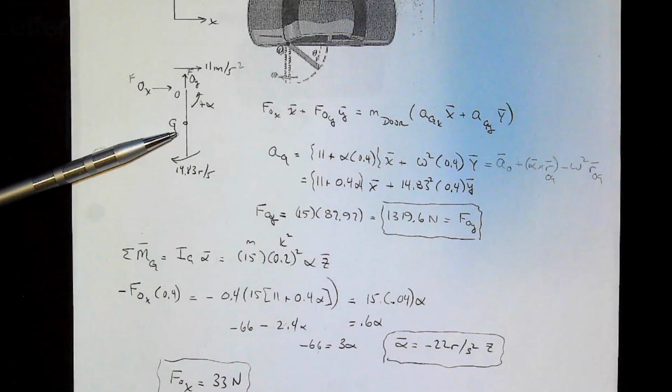And noting that what the hinges are doing is simply 11 meters per second squared. So then we can simply use relative motion analysis to get an expression for acceleration at g. And then it's just a matter of summing forces and moments. You only had two forces here. It's really a straightforward problem.